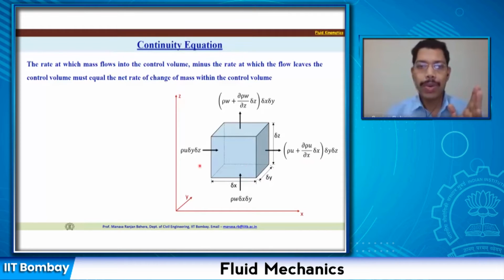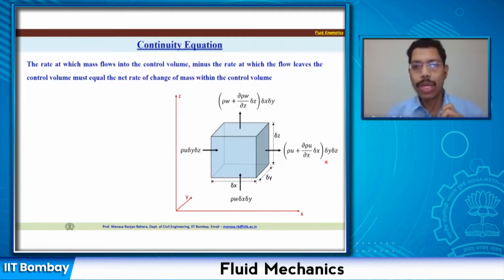So here it was rho u. Now because of this distance, there is a gradient dou u by dou x. So the flux gradient is going to be dou rho u by dou x, or the mass flux that has changed is equal to dou rho u by dou x multiplied by delta x. So now this is passing through the face delta y, delta z.